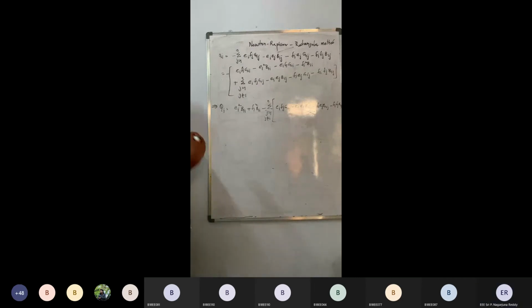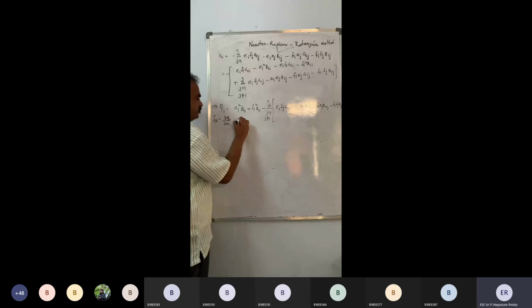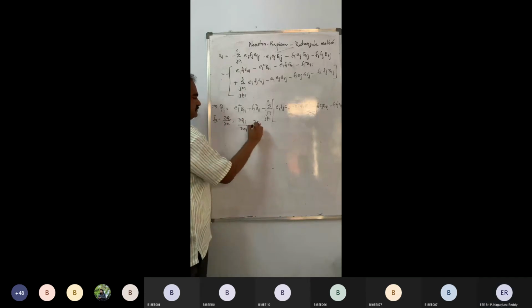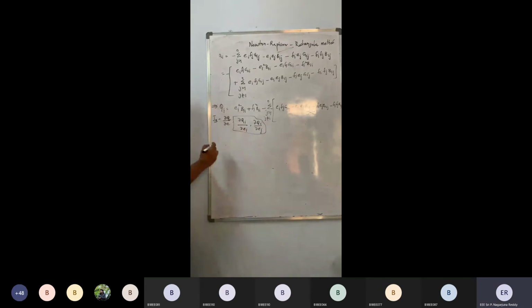Now, coming to the J3 submatrix, which is of the format dou Q by dou E. This can have two different sets of elements, I with respect to I and I with respect to J. So now I am deriving with respect to I, partial differentiation with respect to Ei.